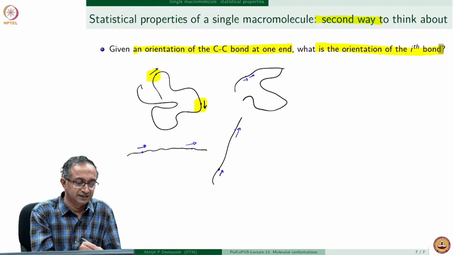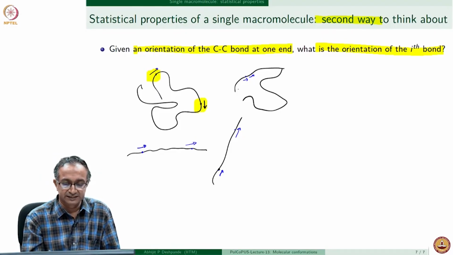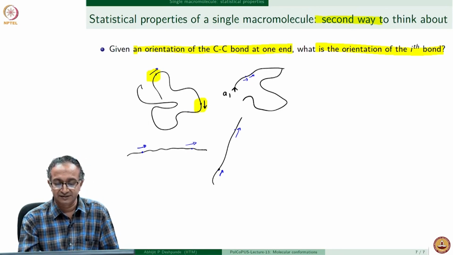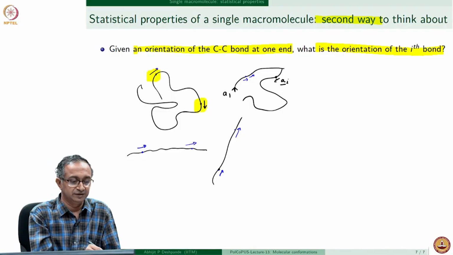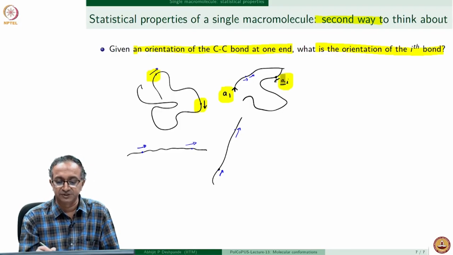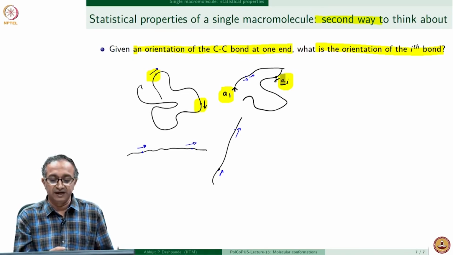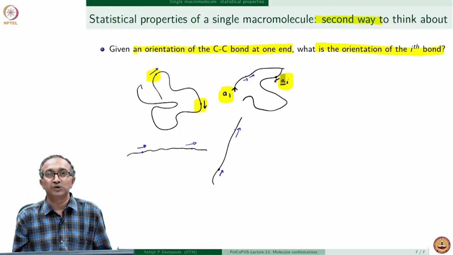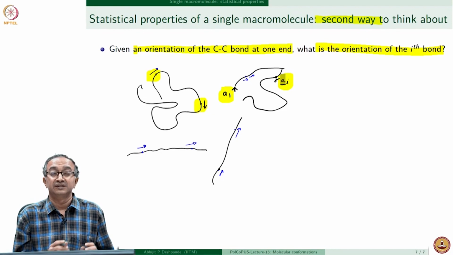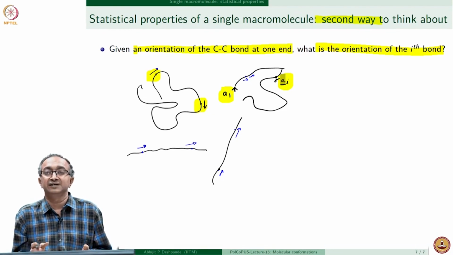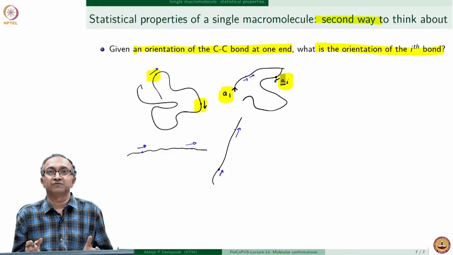Let's say I know the orientation here, which is my first bond, and I take some other point randomly, and I ask, what is the relationship between the orientation of 1 and the orientation of i? The intuitive answer is, if A1 and Ai are close to each other, then they will be correlated. If A1 and Ai are far apart from each other, they will not be correlated. But if we have a rod-like molecule, then A1 and Ai will always be correlated no matter how far apart they are from each other.